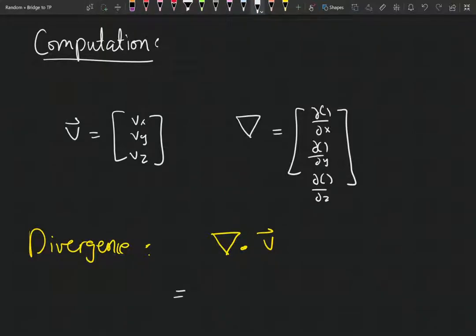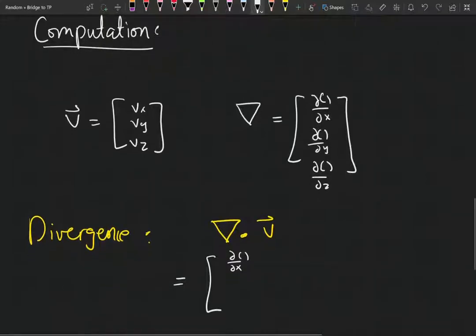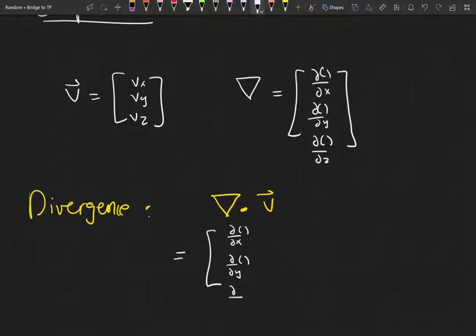Now you just have to apply your knowledge from multivariable calc. How does a dot product work? Some of you have already learned it in physics as well. You should be familiar with dot products.